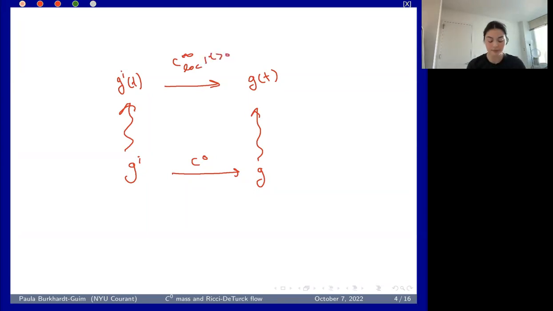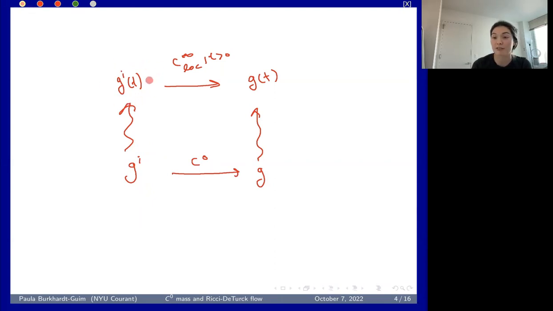Now, we're assuming that these satisfy some uniform lower scalar curvature bound. We want to show that the limit satisfies the same uniform lower scalar curvature bound. So we could argue as follows. Each g_i satisfies some uniform lower scalar curvature bound. Uniform lower scalar curvature bounds are preserved under Ricci-DeTurck flow, so for all positive times, the g_i(t) are going to satisfy that same bound.